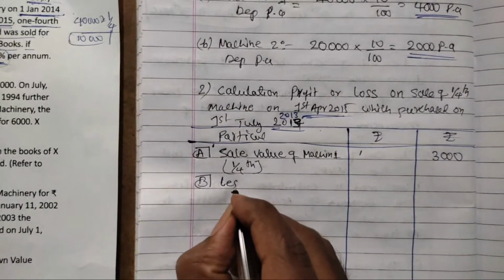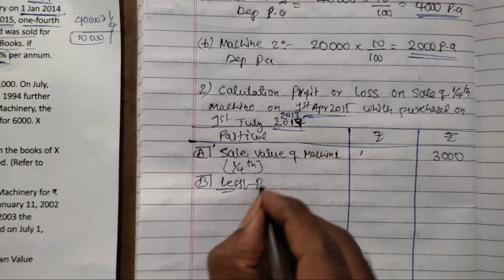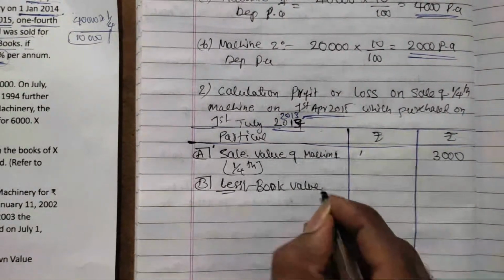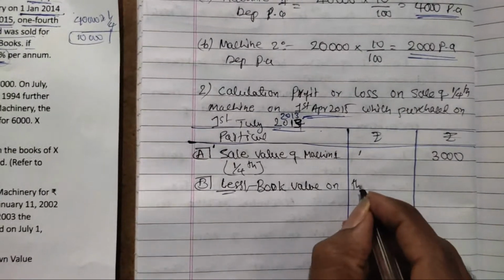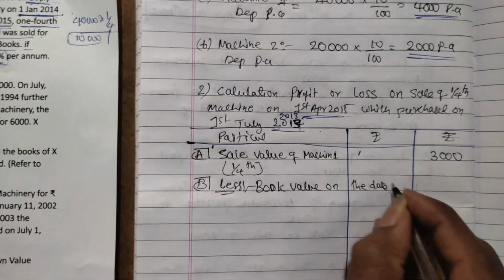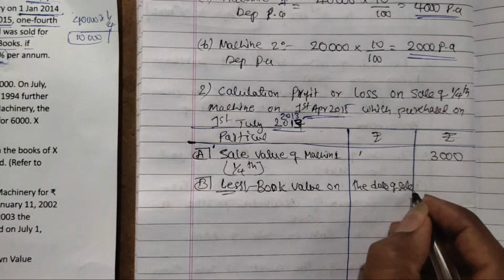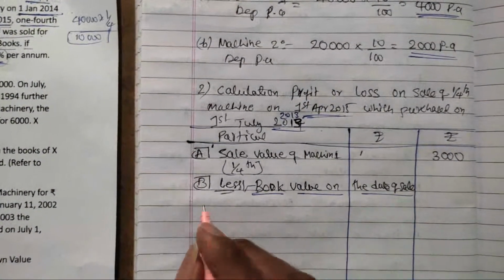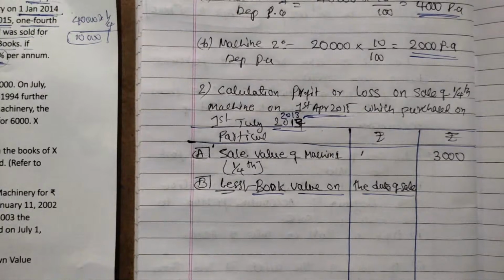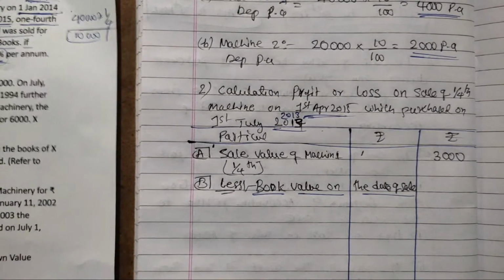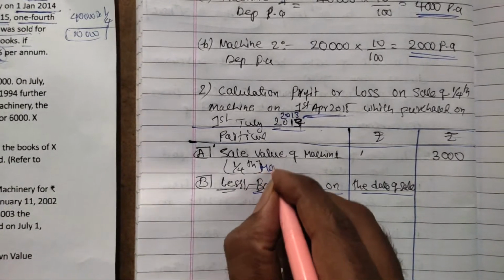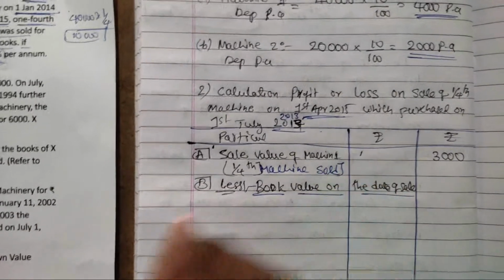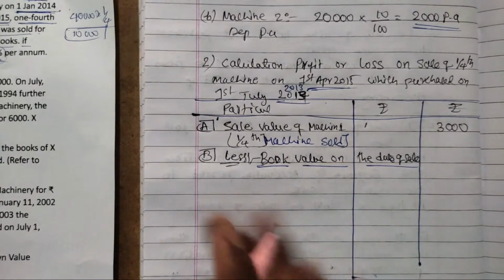B, less book value on the date of sale. On the date of sale you are calculating book value. See, 1/4 machine sold, please remember, not the entire machine, 1/4 machine.